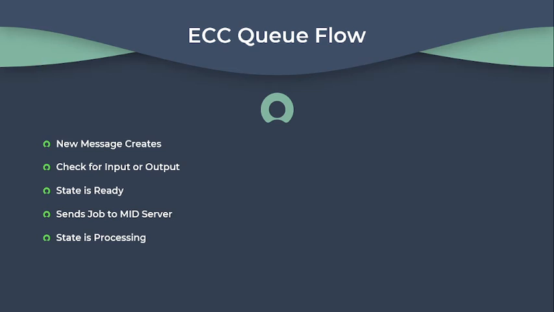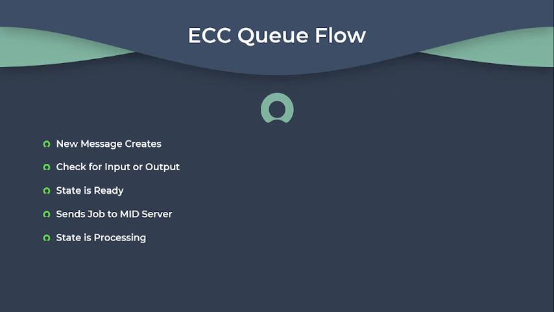Then ECC Queue flow. When a new message is created within the ECC Queue, it represents a task or action initiated by the ServiceNow instance or an external system connected to it. This could include instructions for a discovery task, a software deployment job, or a request for configuration data. Upon the creation of a new message, the ECC Queue checks whether it's an input message, which contains instructions or data for the MID Server, or an output message, which contains responses or updates from the MID Server.